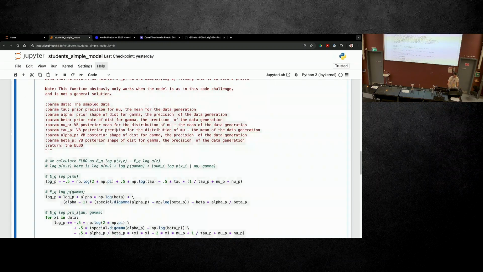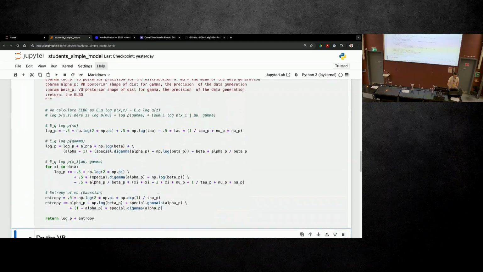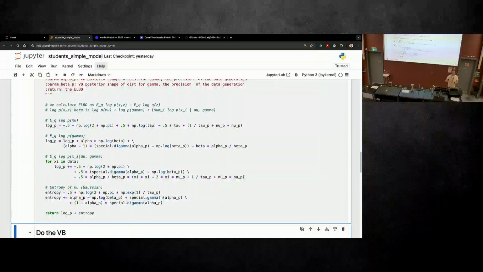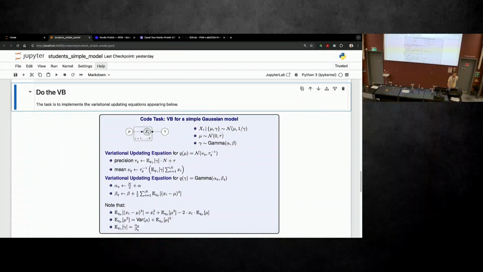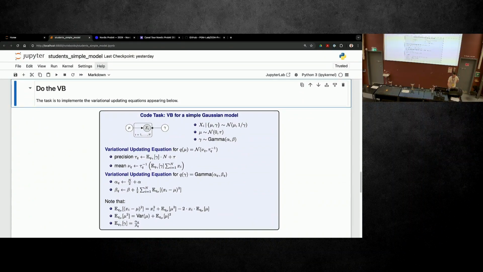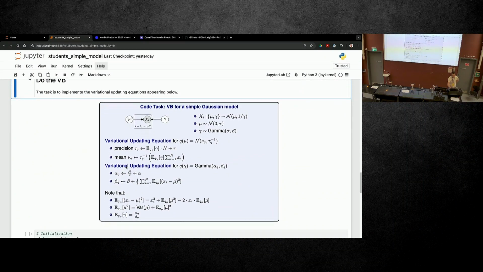And here we have a specification of the ELBO calculations that you can also take a look at during the exercise time. Then for doing the variational Bayes, this is just a slide summarizing the updating rules. We have the updating rule for mu up here, and we have the updating rules for gamma down here. These components you may find useful.